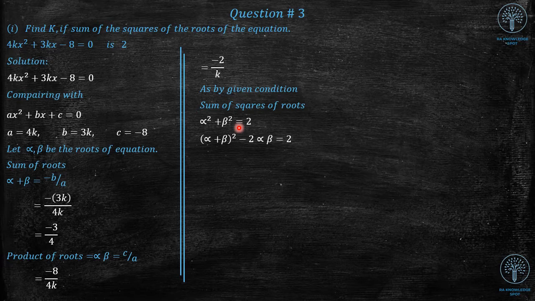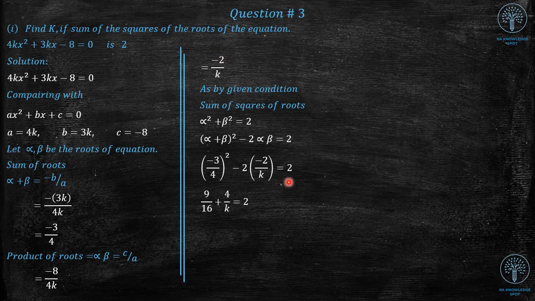Okay, now putting the value. What is the value of alpha plus beta? That is minus 3 by 4, and this is whole square. You just have to put the value: minus will be as it is, 2 will be as it is, and the value of alpha beta is minus 2 by k, that you take from here.